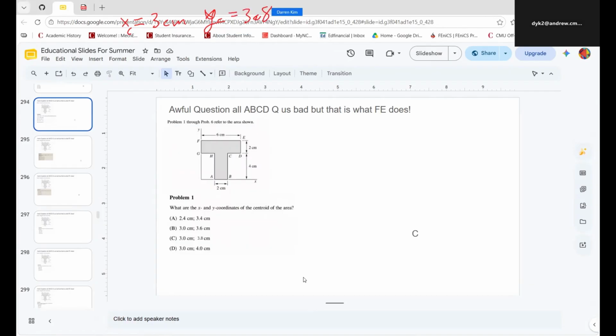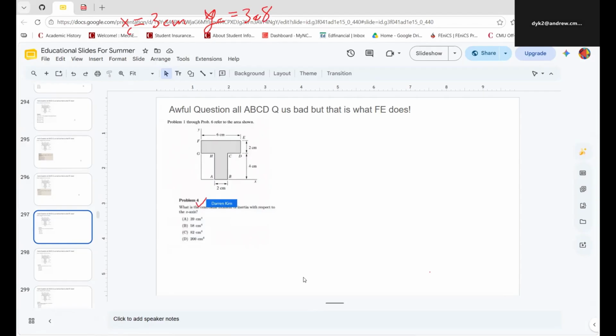I don't like how they didn't put area of inertia. They should probably put down this area centroid of inertia, but it doesn't really matter.